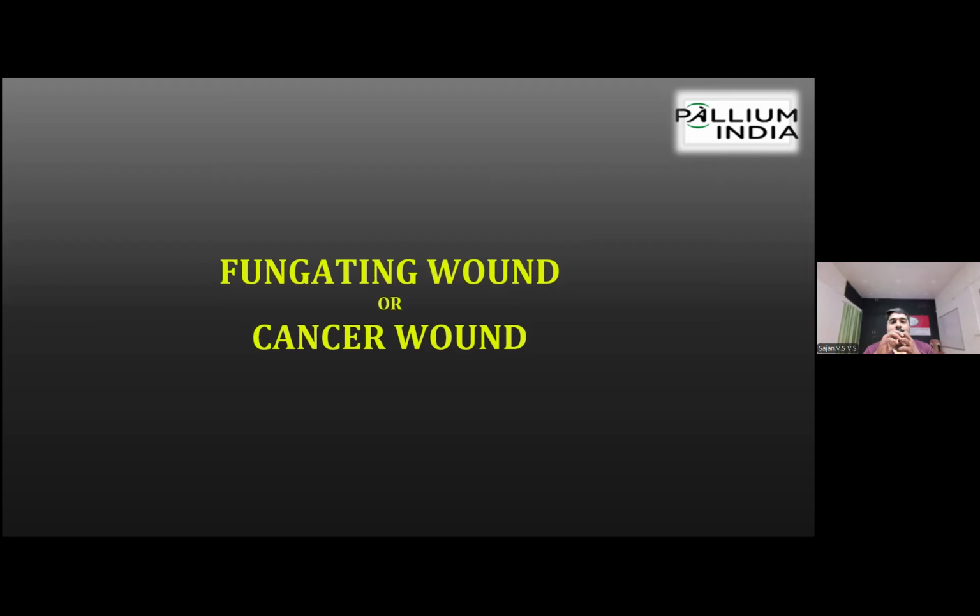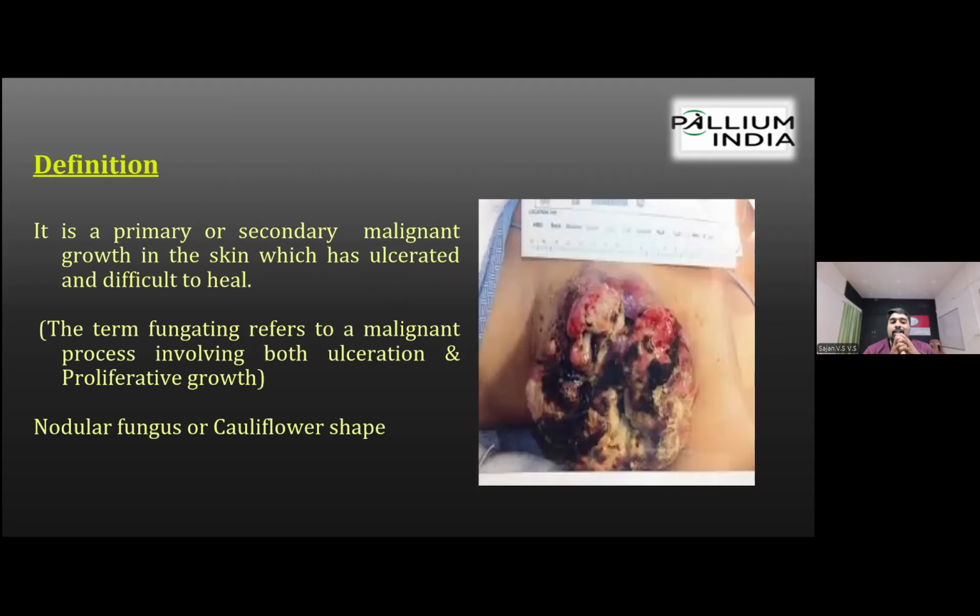Nothing. It's because of the shape. It's a nodular fungus model, a cauliflower-like shape, a nodular, massive wound. Because of that appearance only we call it a fungating wound or the cancerous wound.